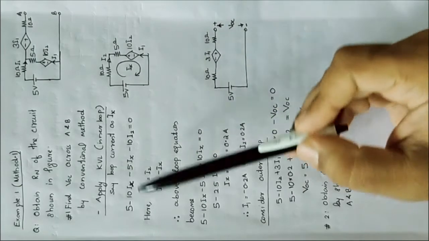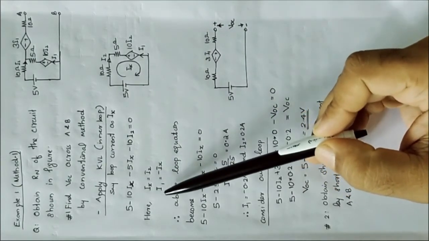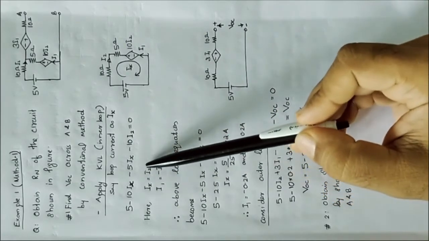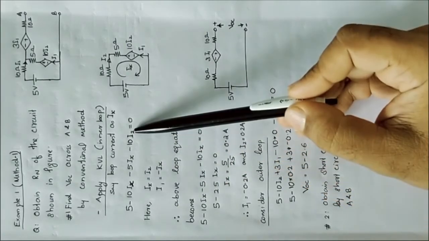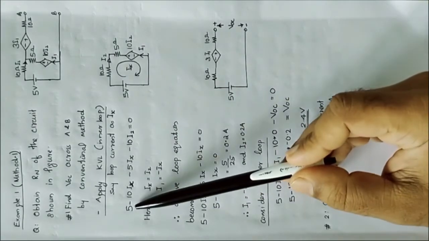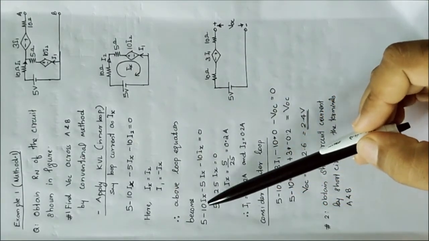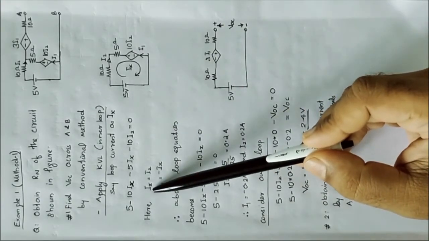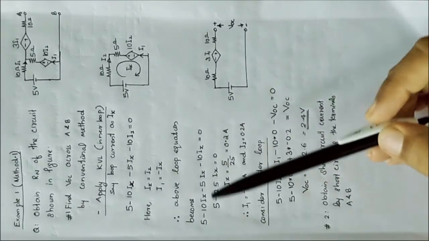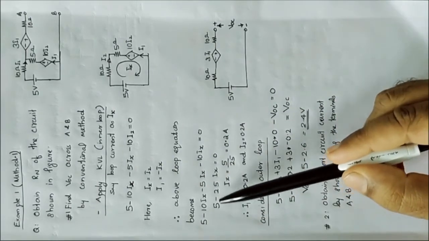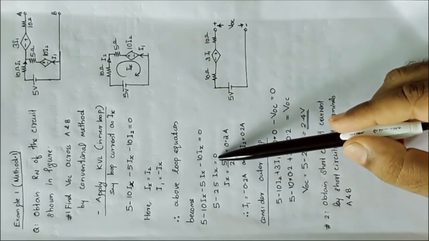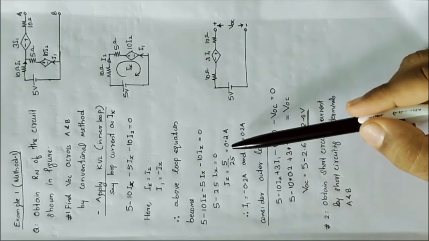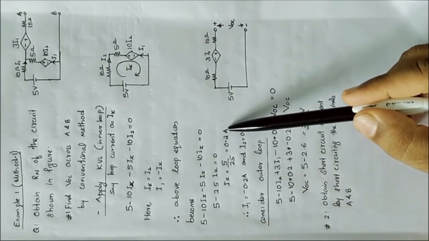Using these expressions, we can modify the KVL equation: 5 minus 10 Ix minus 5 Ix minus 10 Ix is equal to 0. Simplifying, 5 minus 25 Ix is equal to 0, and Ix is 5 by 25, which is equal to 0.2 ampere.